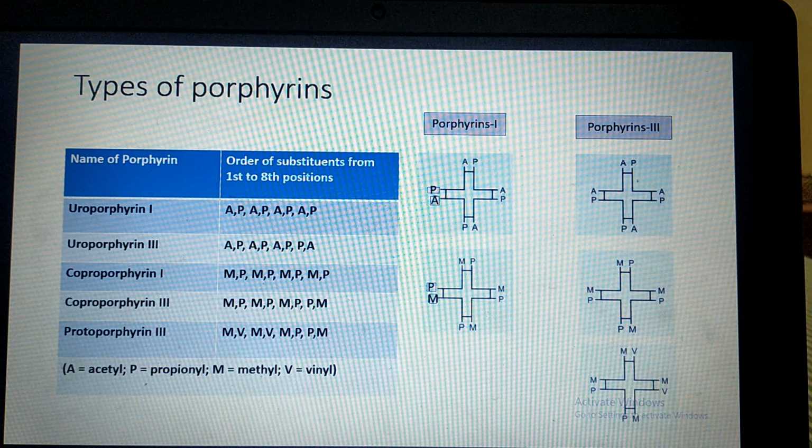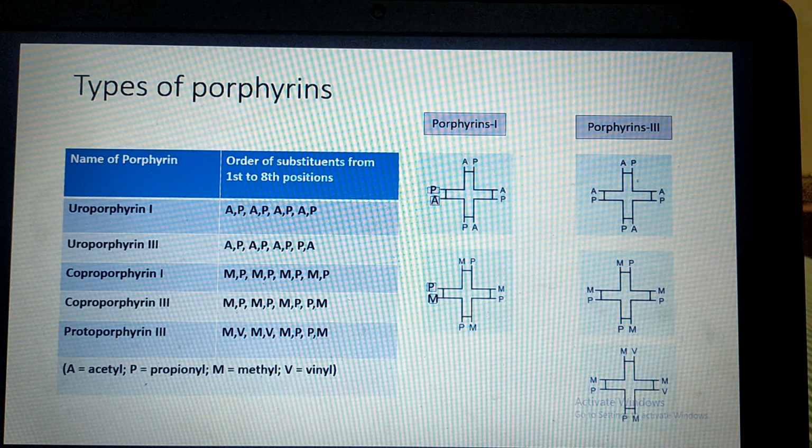The last porphyrin is protoporphyrin 3, which, as I have told you, is found in our normal hemoglobin molecule. It has 3 substituent groups: methyl, vinyl and propyl. Here you will see the arrangement. Methyl group is present on all pyrrole rings, but vinyl group is present on the first and second pyrrole rings, whereas propyl group is present on the third and fourth pyrrole rings.